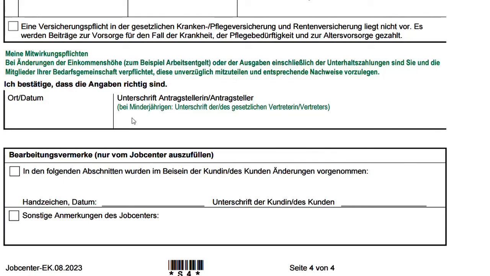As an applicant, you should sign here. If the applicant is a minor child, your legal representative should sign here. And this part is for the job center employees, and they will fill in this part. That's why you should not fill in this part.